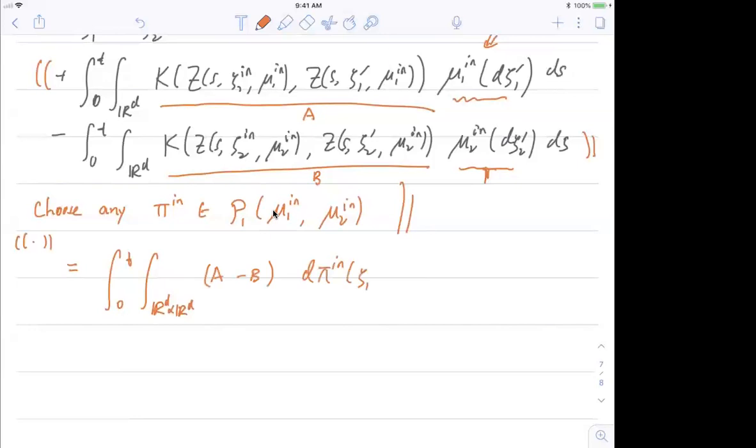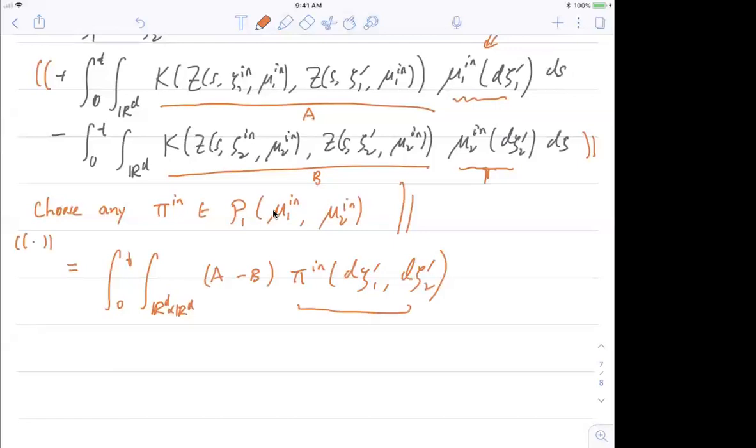So psi 1 prime. Let's write it in another way. These two formulas are both used; you can choose which one you use. Originally it was integrated with mu1 initial and mu2 initial, but now we use their coupling.